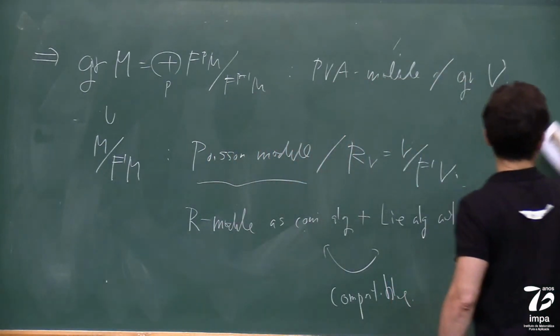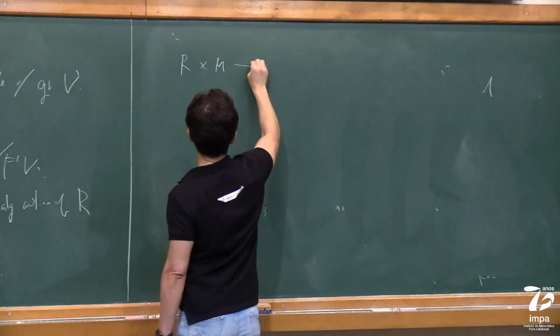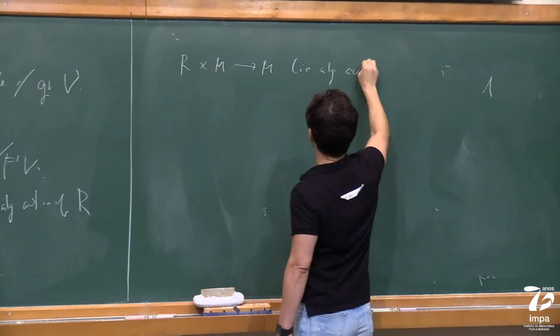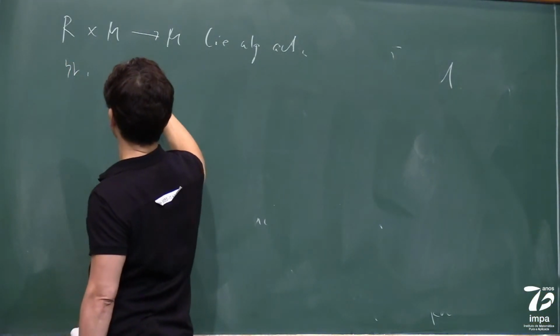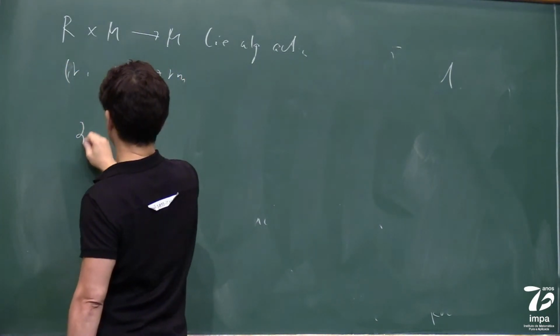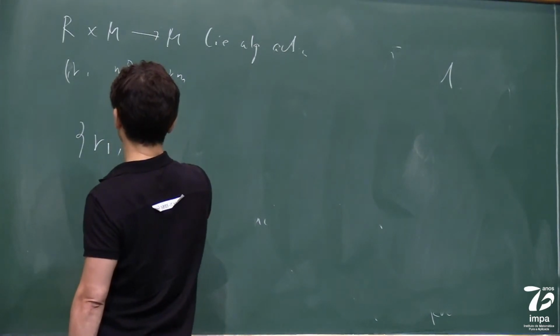Compatible means, for example, the following formula holds. If you write the algebra action by using a Poisson bracket, then we should have the following identity.